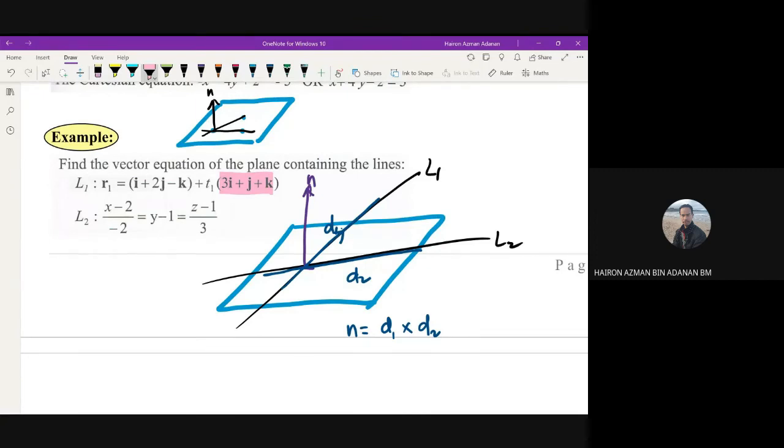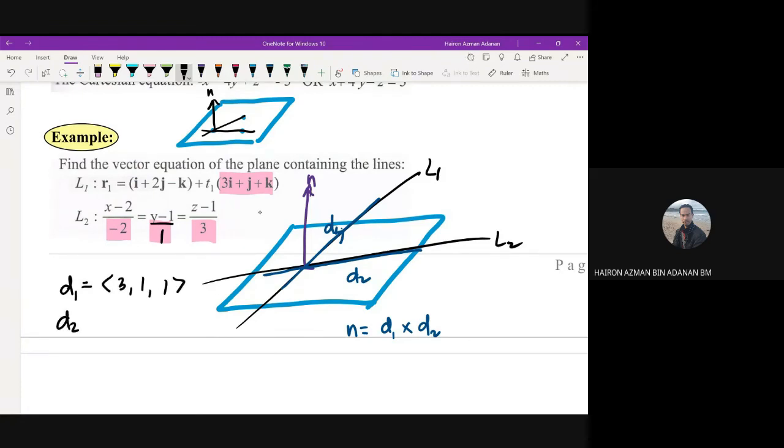Line 2, okay, check X, Y, Z. Is it at in front of your value? Yes. X minus, Y minus, Z minus kan. Okay, settle. Okay, look at your denominator. Negative 2, 1, 3. This one actually over 1 lah, right? So, D for line 1, okay, your vector is 3, 1, 1.